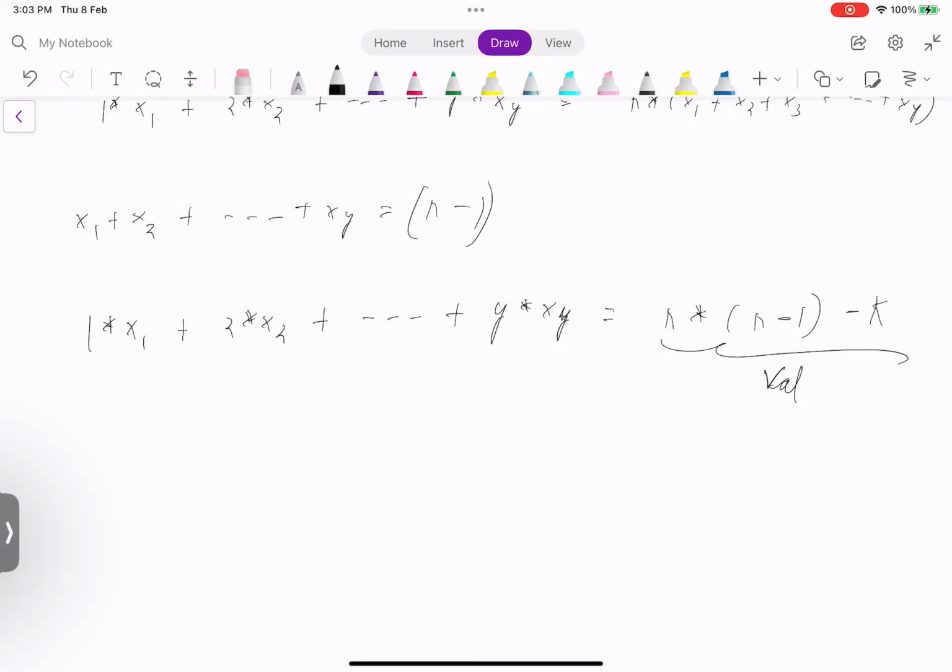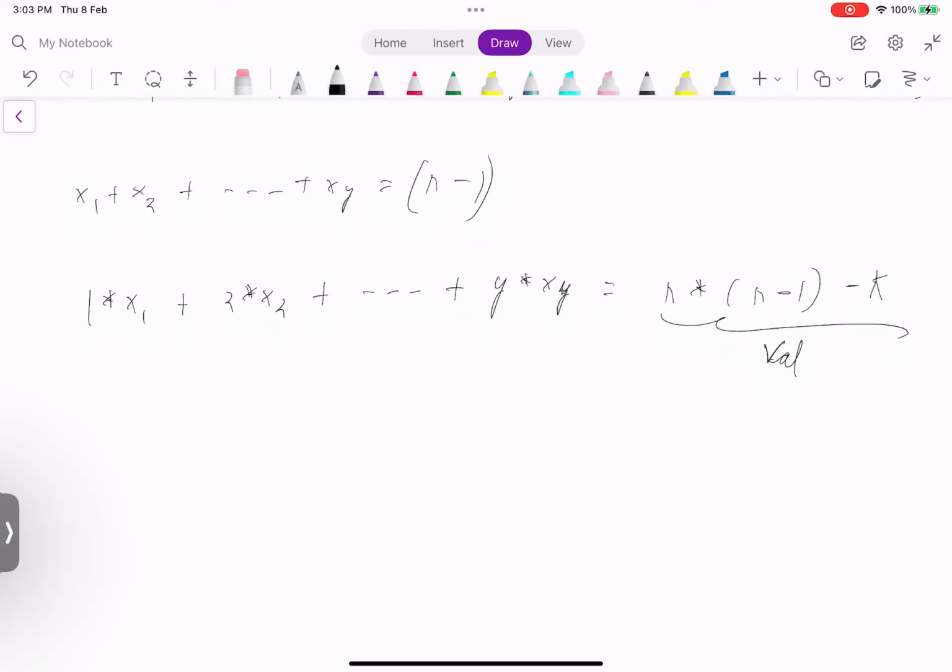So if we just observe this equation, if we generate a n minus 1 at any jth point, that just means that from the RHS we are subtracting a 1.